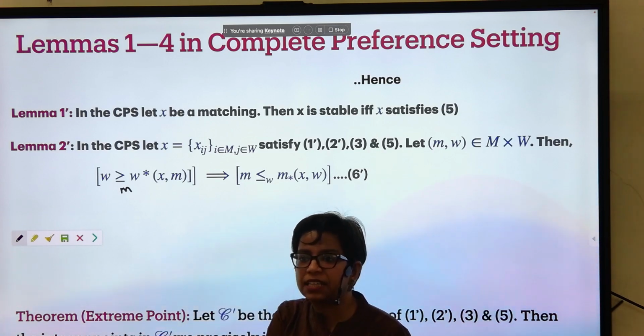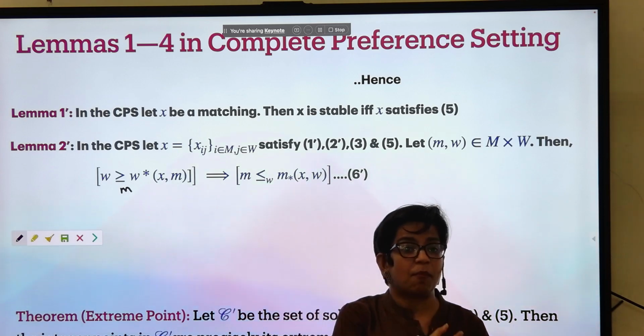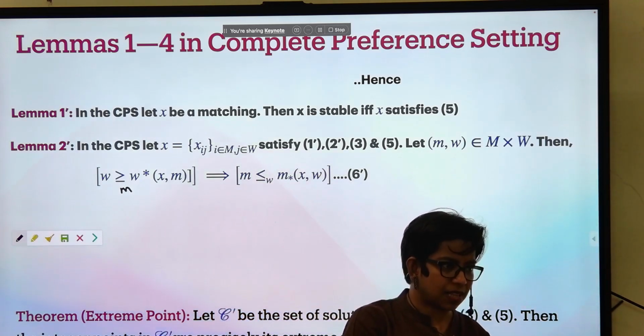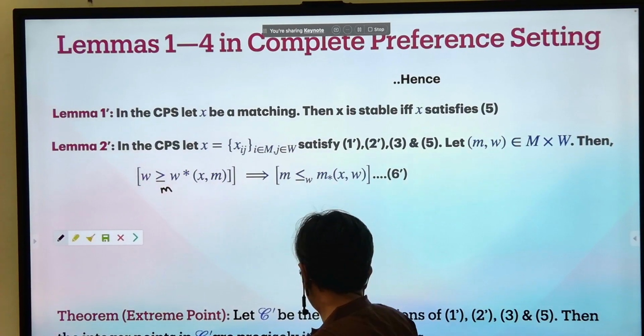The men must like this the least. So the woman-optimal stable matching is the men-pessimal stable matching. That is the terminology. It's the worst possible stable matching from the men's perspective.